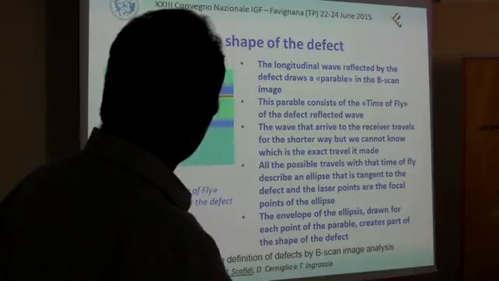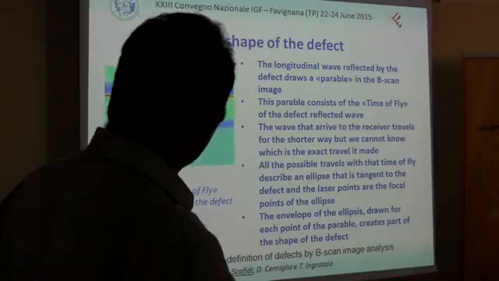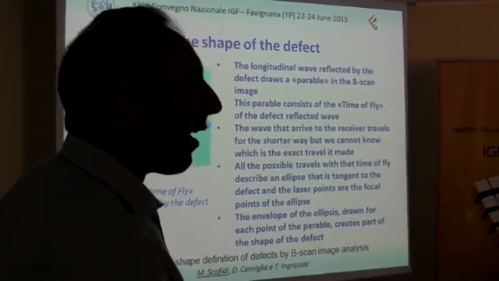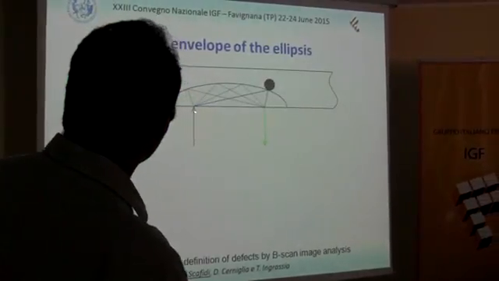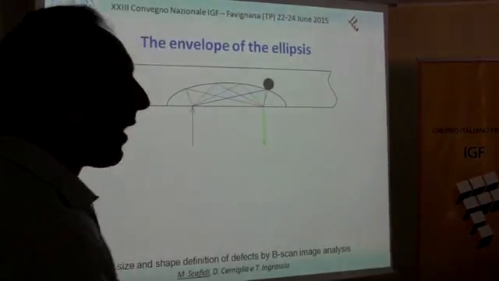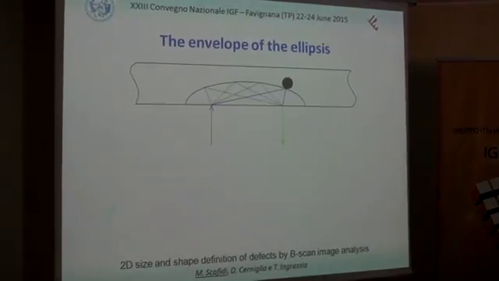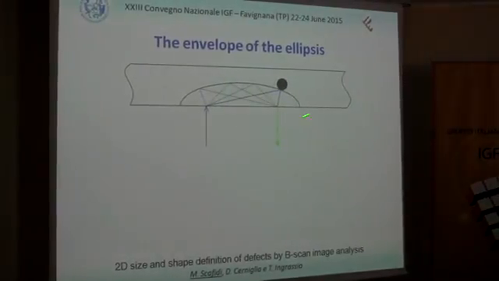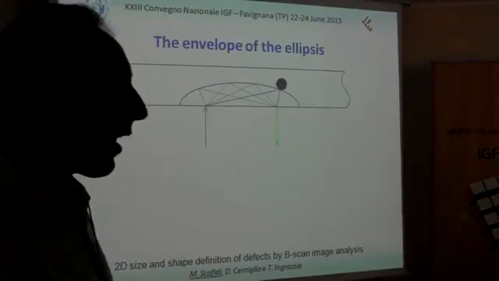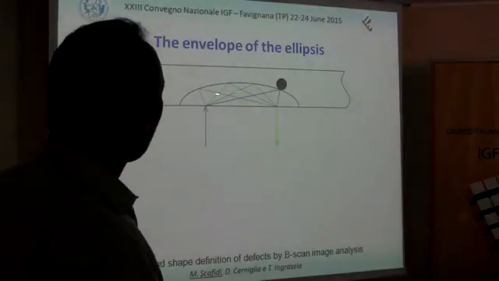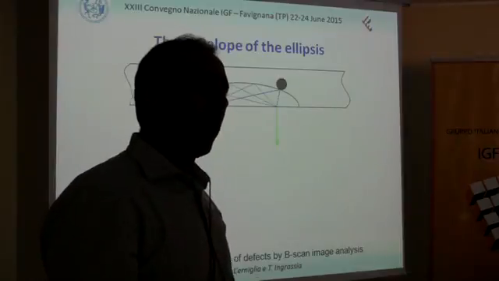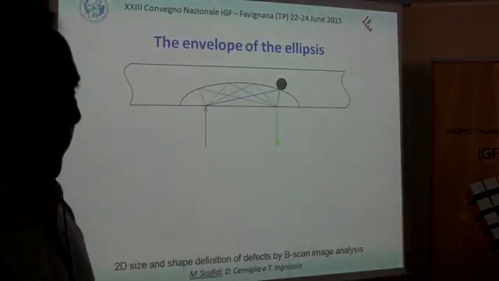When the defect arrives, the parabola, the wave make a distance, make a route like this one, and we cannot know which is the exact route the wave make inside the plate, but we can know the sum of this route come in that time.